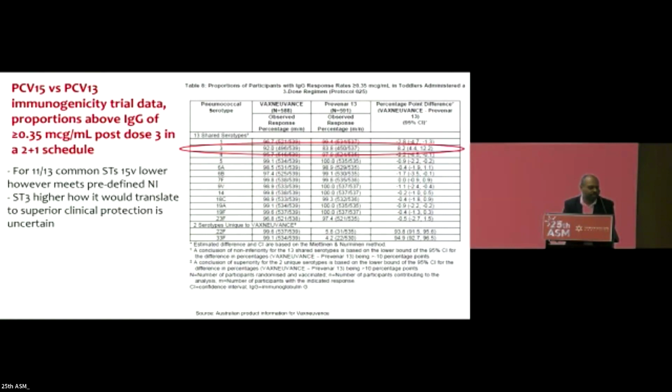So in comparison, if you look at the column on the far right, for 11 of the 13 common serotypes, PCV15 had lower immunogenicity, so those minuses you could see there. But for serotype 3, the proportion was much higher, and whether it would translate into superior clinical protection is to be seen.